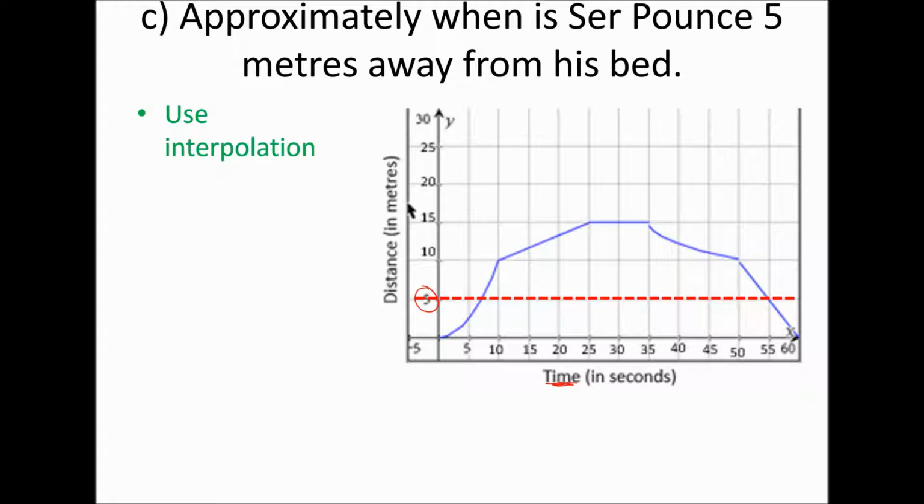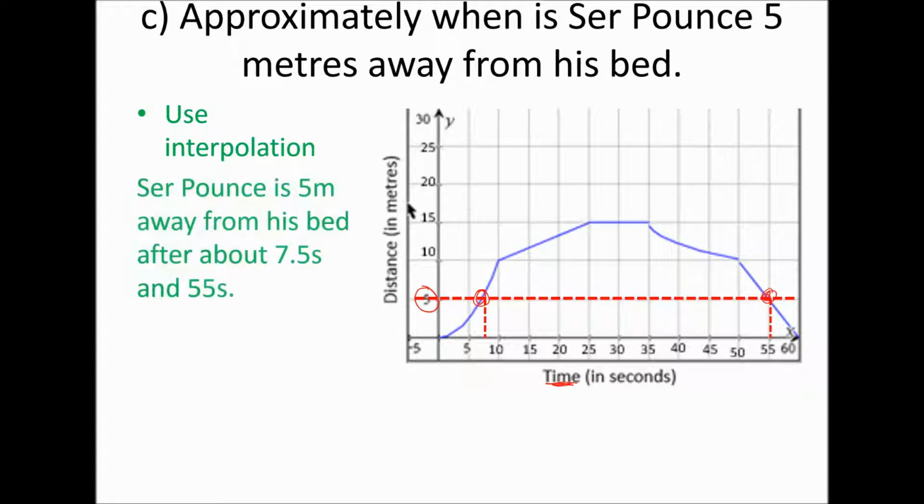So I'm just going to draw a line through here, and I can see that he is 5 meters away from the bed, about here, and about there. Draw those 2 lines down. So at approximately 7.5 seconds, if you said 8 or 7, that's okay, and 55 seconds. So there are 2 times where he's that far away from the bed.